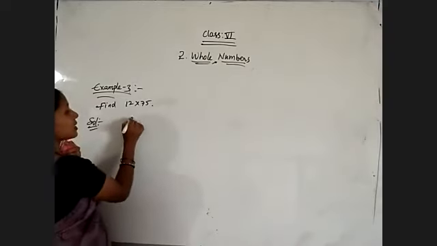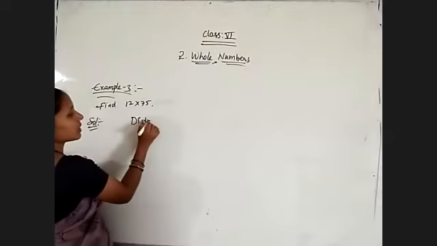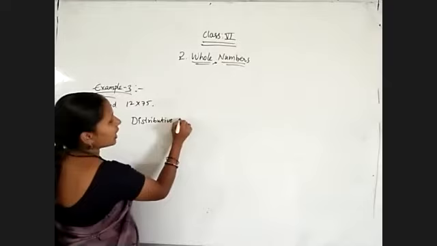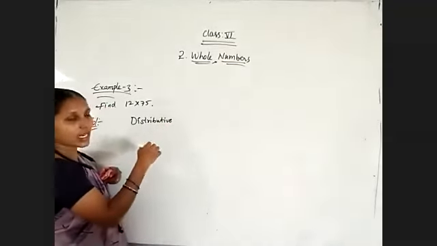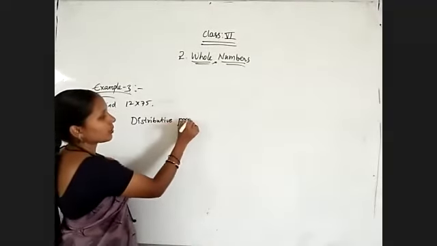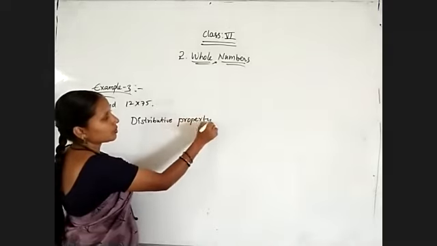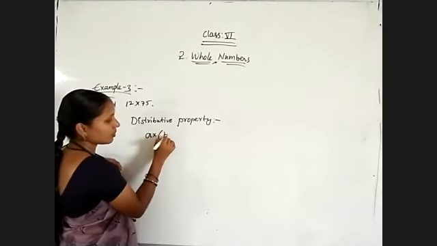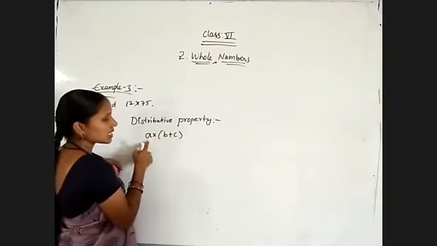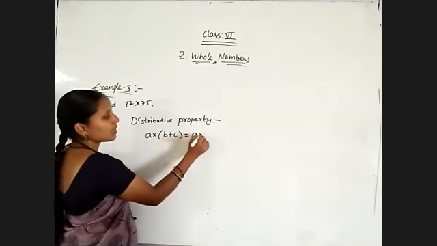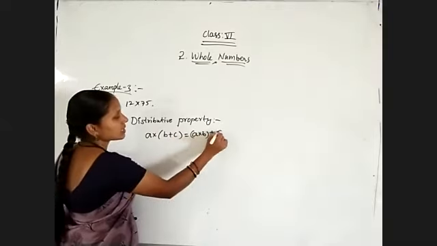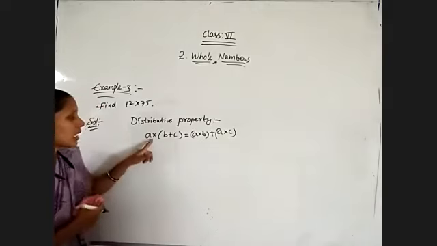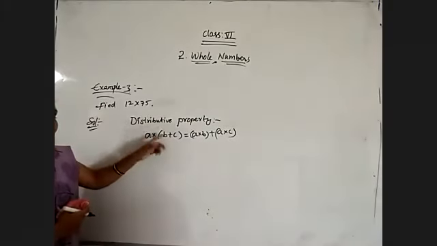Actually, what is the distributive property? First of all, remember that the distributive property works with addition and also with subtraction. According to the distributive property, A into (B plus C), A is distributed over B as well as C. Don't confuse it with A plus B plus C, that is different.